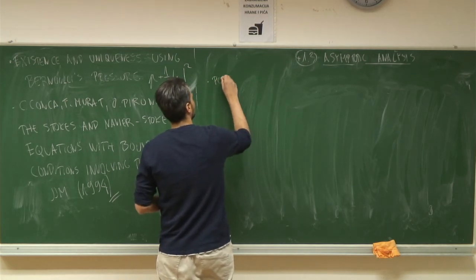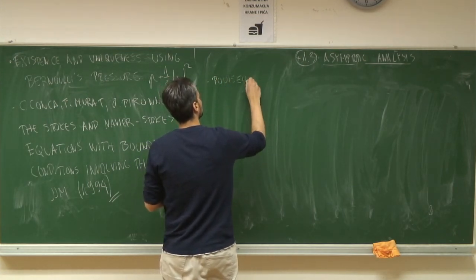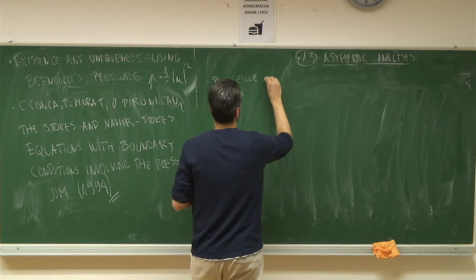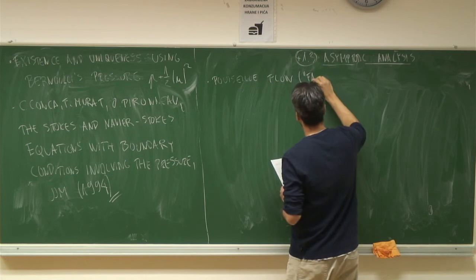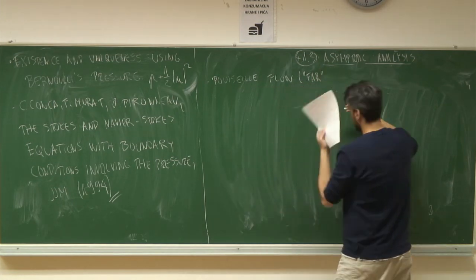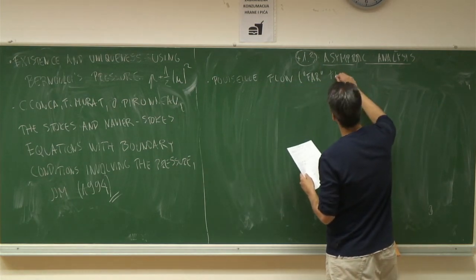So first you have this Poiseuille flow, which we know everything about. This is, let's say, far from the junction, in some sense.